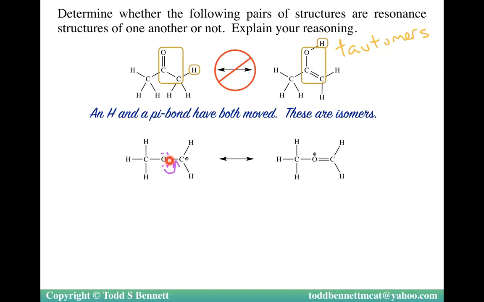So we have this sigma bond now turning into a double bond. The positive charge, I want to make sure I put that remaining lone pair on oxygen. But this isn't a resonance structure because a lone pair became a pi bond, no nuclei moved. So H is in the same spot, carbon's in the same spot, O in the same spot, CH3, same spot.